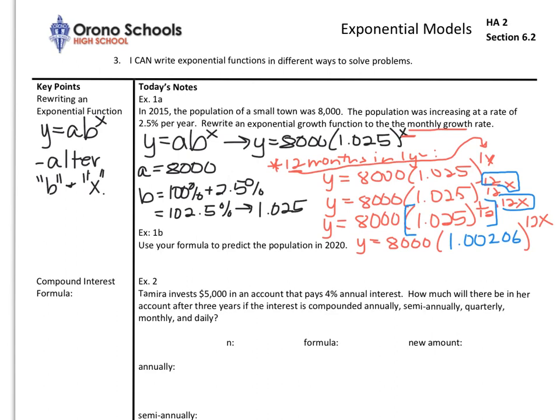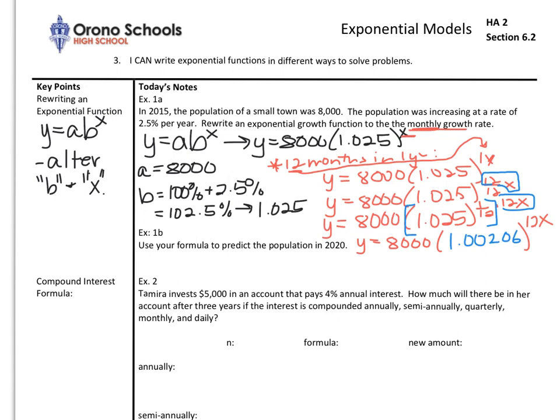Again, what we did was convert our exponential function in its normal form to show a different type of growth rate within that year. So if the growth rate changes, we have to figure out how to convert the year into the new label. In this case, it was months. And that would be our formula.